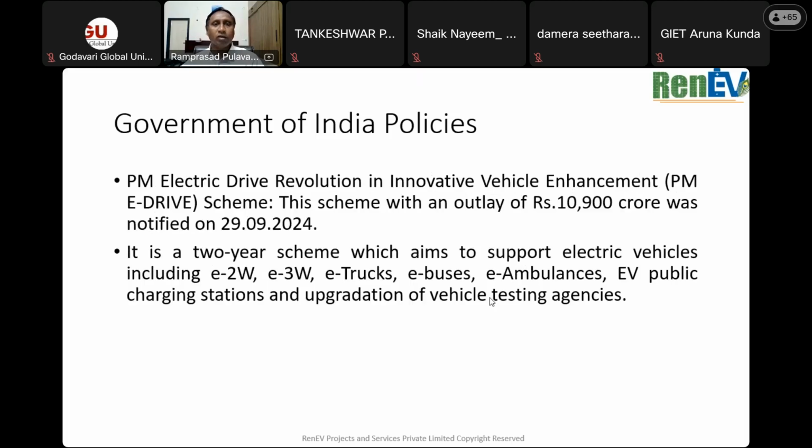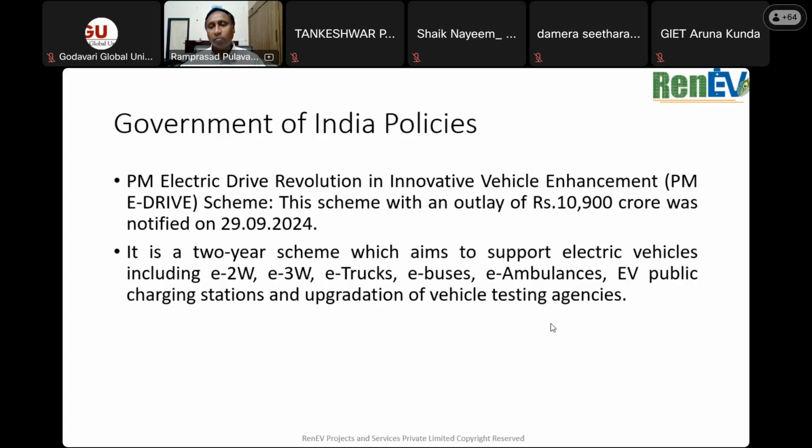So what Government of India has done is they have brought out a special scheme by the name of PM E-Drive scheme, wherein around 10,900 crores have been provided for providing charging infrastructure as well as two-wheelers, three-wheelers, e-ambulances and public charging stations.